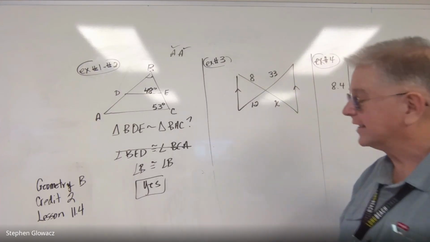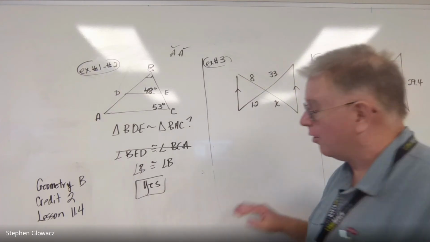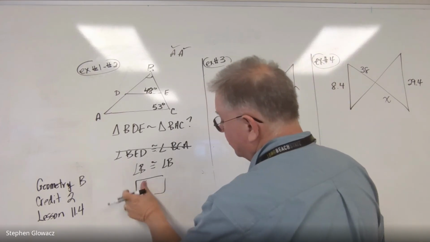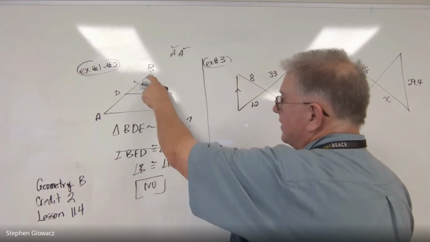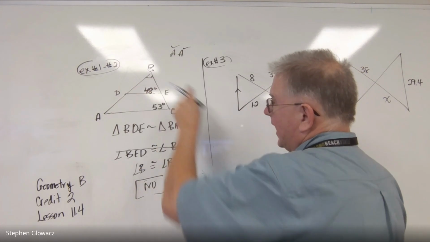If that was the case, then we would have answered no, the triangles are not similar due to angle-angle, because we only have one pair of angles, angle B being congruent to angle B.